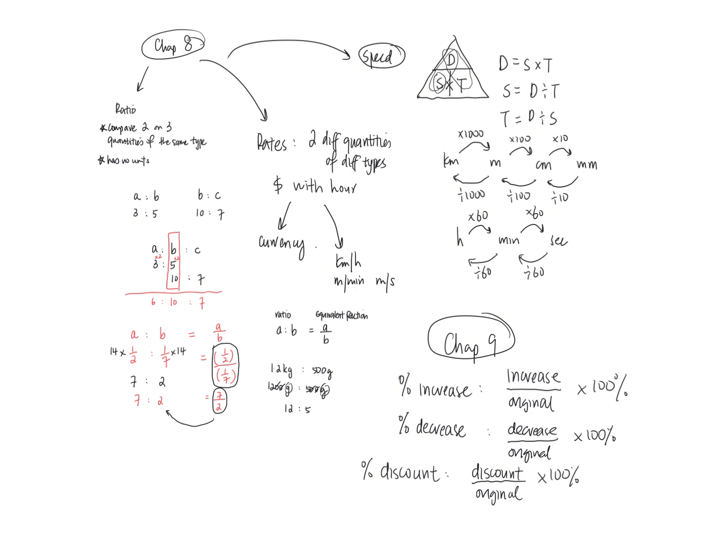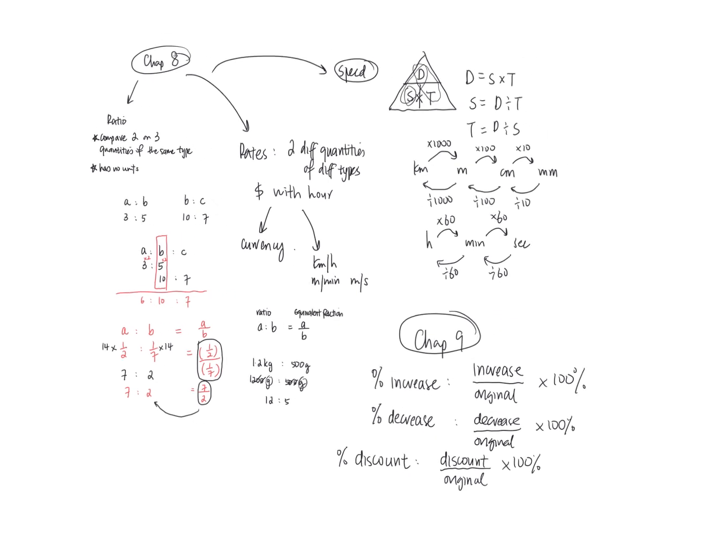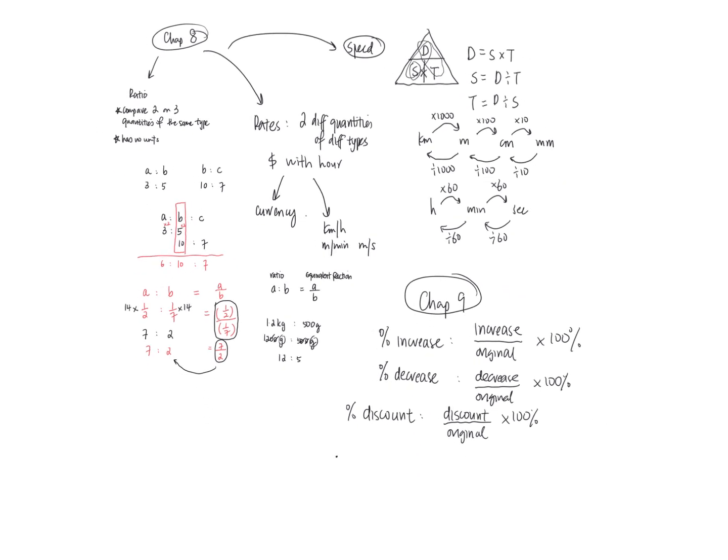Then GST. Just take note, last time the GST was 7%, but now the GST question is 9%. So let's say I tell you this thing costs $1,000 including GST, how many percent does this represent? 109%.